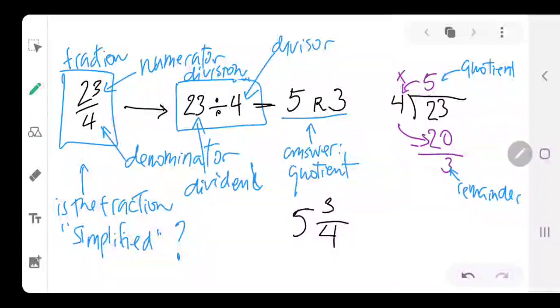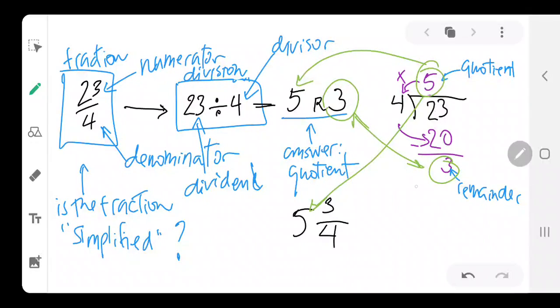The 5 is your quotient, that's the 5 over here. The remainder 3 is coming from here, but that 3 is also part of the fraction part of the mixed number.